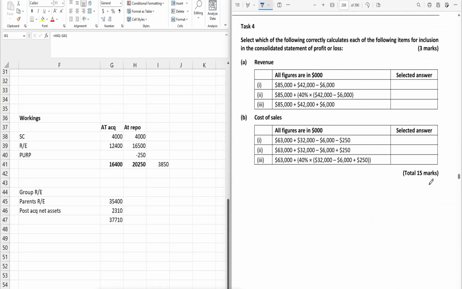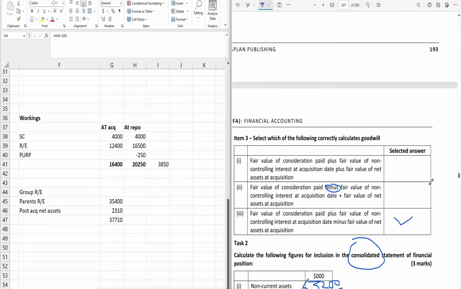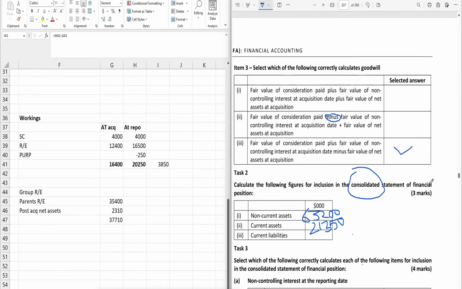Now for the next question: select which of the following correctly calculates each of the following items' inclusion in the consolidated statement of profit or loss. So again, for the profit or loss, for which figure have they asked? For revenue. Okay, fine.